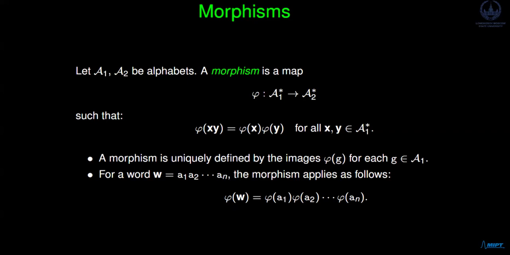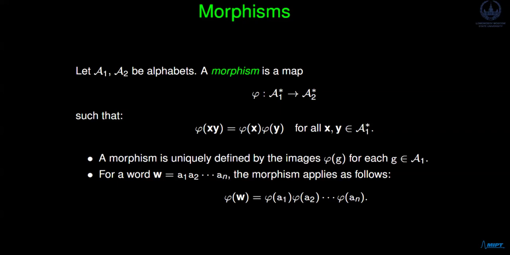In other words, if you have two words x and y in A1 star, then applying the morphism to the concatenation of x and y is the same as applying the morphism to x and y separately and then concatenating the results. This is expressed as phi of xy equals phi of x times phi of y, for all x and y in A1 star.